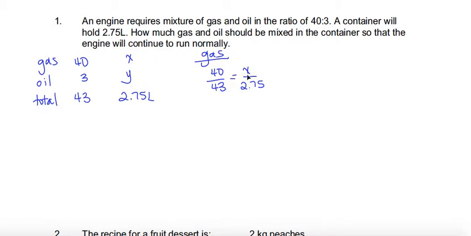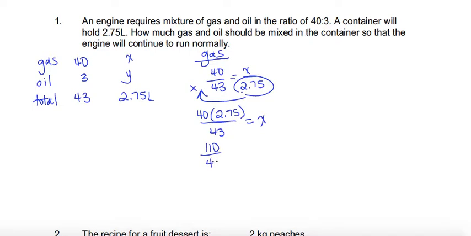So now this becomes a ratio that I know how to solve based on my use of algebra. I'm going to take my 2.75, bring it across the equal sign to multiply. So I have 40 times 2.75 over 43 is equal to X. Now I want to do the multiplication. 40 times 2.75 is equal to 110 divided by 43.